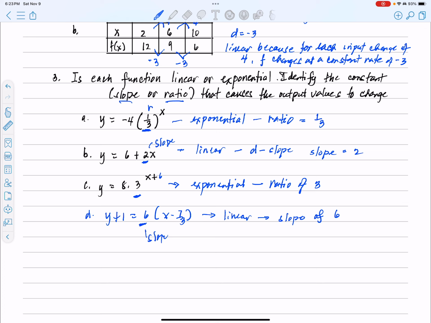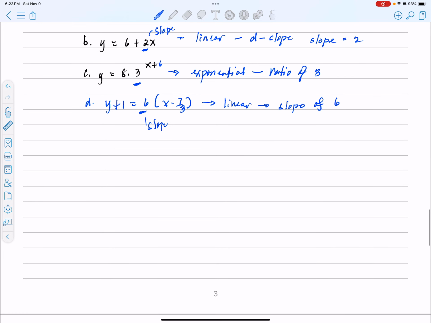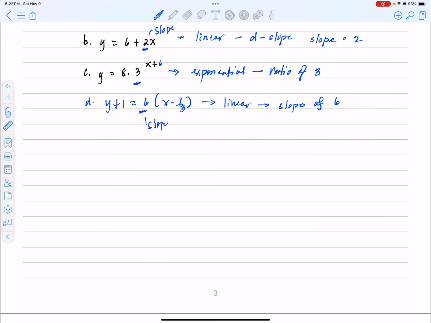So let me give a summary before we end. An arithmetic sequence, always remember, an arithmetic sequence is a linear function. Okay? Because it has a constant rate.